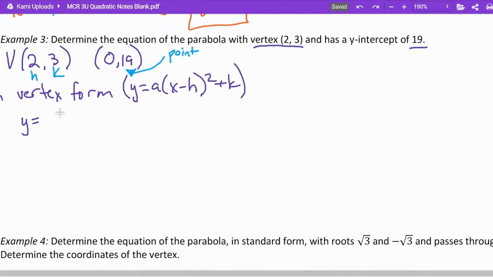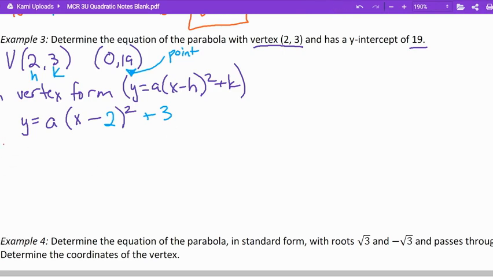All right. So in vertex form, what do we got? We don't know A, but we know x minus h. My h is 2. And I know my k is 3. So if I'm using vertex form, I'm like, oh, gold. I'm actually in a good position.